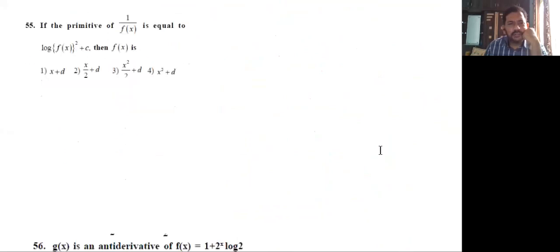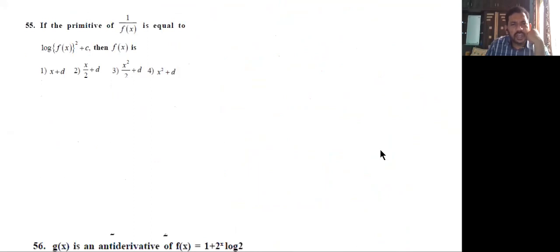Question 55. See the question, what they are given. If the primitive of 1 by f of x is equal to log f of x whole square plus c, then f of x is? Primitive means integration only.